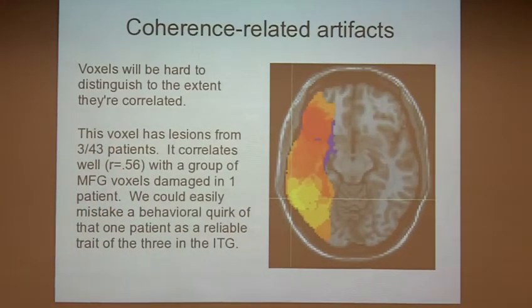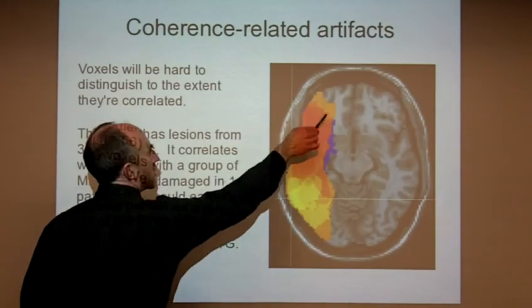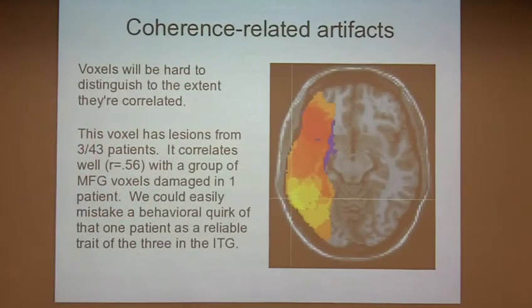What's worse, you may be thresholding your lesion analysis in a way that you don't include voxels that are only lesioned in one subject. So you may actually see a map that only includes this area that shows no relationship up here because you've eliminated voxels with only one patient, but where the effect is completely driven by what's up there in the middle frontal gyrus. So this spatial coherence issue can really challenge how we interpret the data.